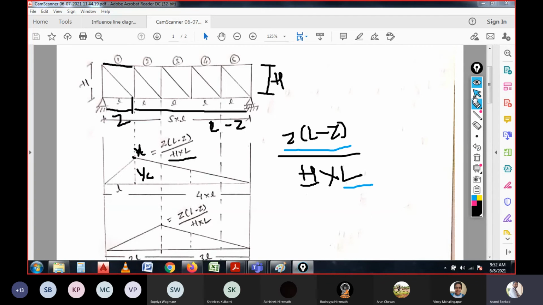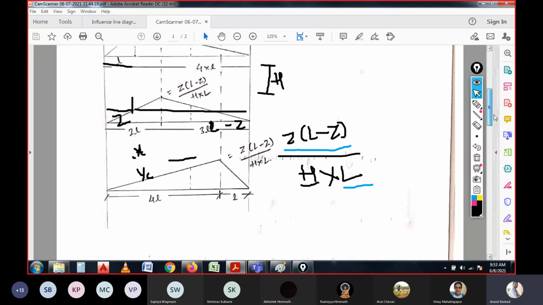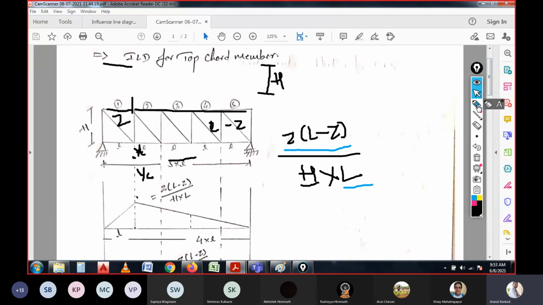And at the same time, for the second section, this will be the value of Z, right? And this will be L minus Z. And for the third span, I am using color codes if you get it.